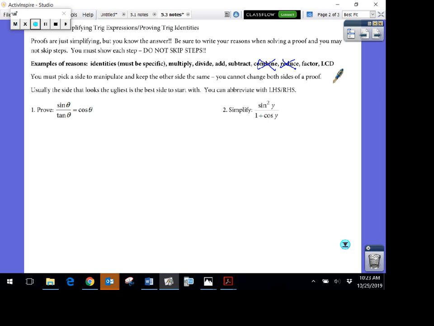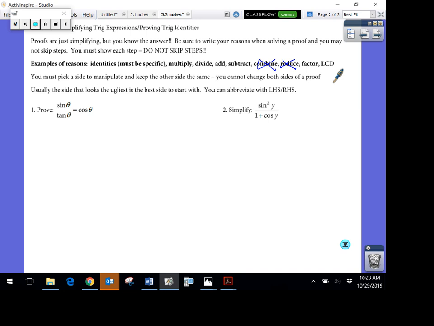When I look at this, it should be very obvious. Pick the left side. The left side I can do something with, the right side I can't. And again, when you write a proof, you can't just randomly put stuff in, like put a Pythagorean ID in there all of a sudden and then skip. Every step is part of your proof. If you need to do a little bit of scratch work, that needs to be outside of your proof, and then go back and write what your proof is.